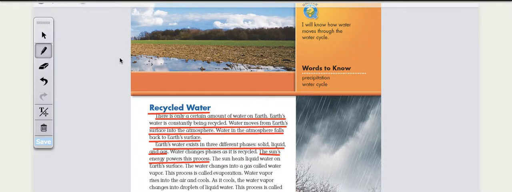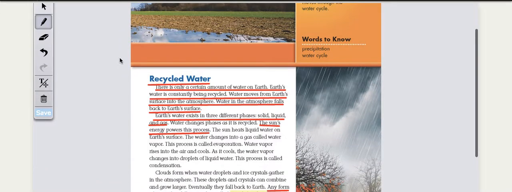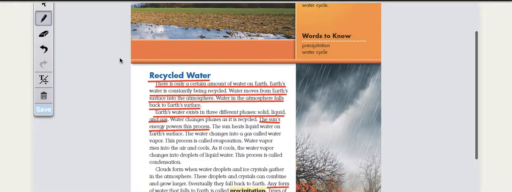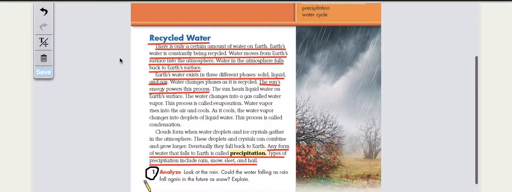Okay, so yesterday we talked about recycling water, and we said that we have a certain amount of water on the earth, and the earth's water is constantly being recycled and no water is being lost. So the water moves from the earth's surface into the atmosphere and back from the atmosphere to the earth's surface.